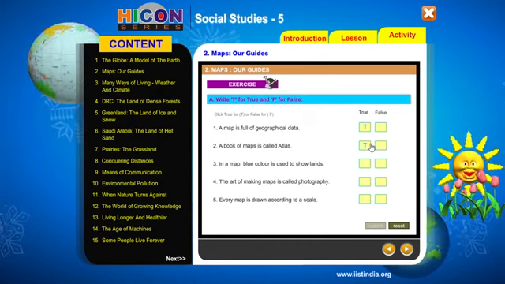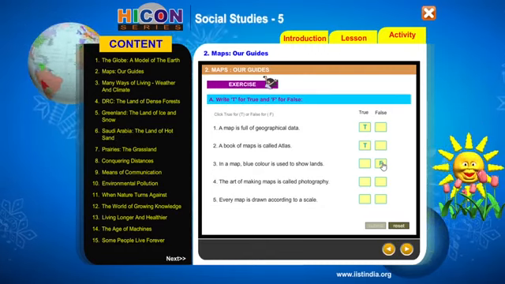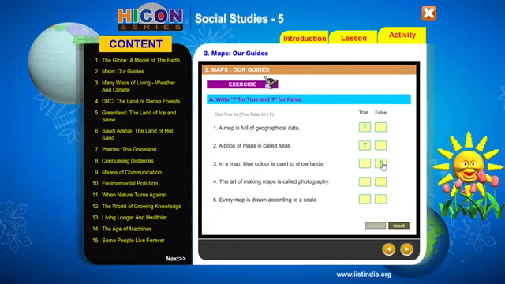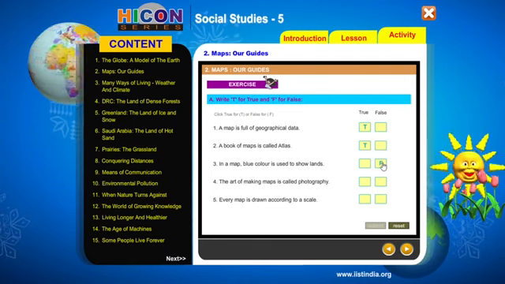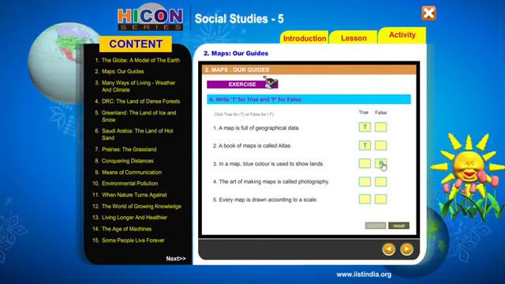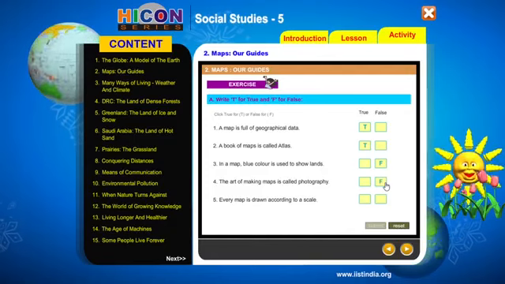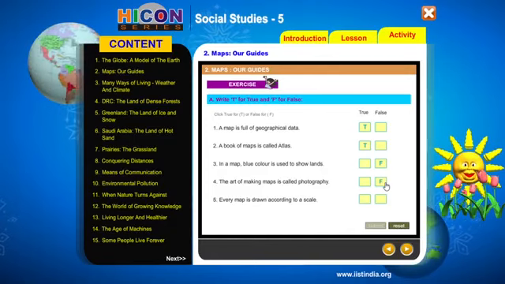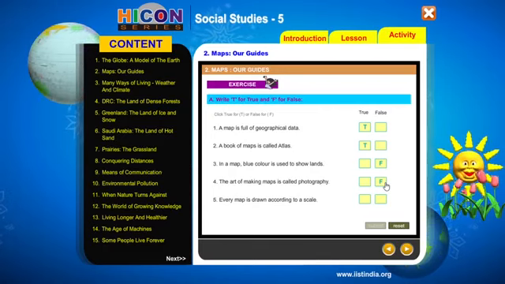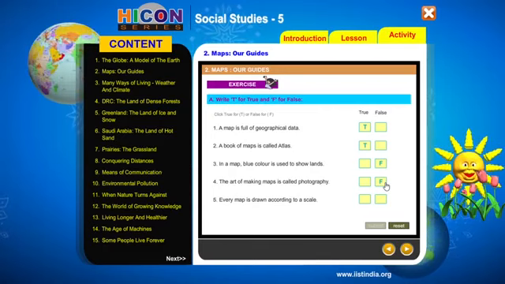Fourth one, the art of making maps is called photography. It's cartography, isn't it? Cartography is the process of making different maps and it is not photography. So the answer is false, right? Okay. Every map is drawn according to a scale.